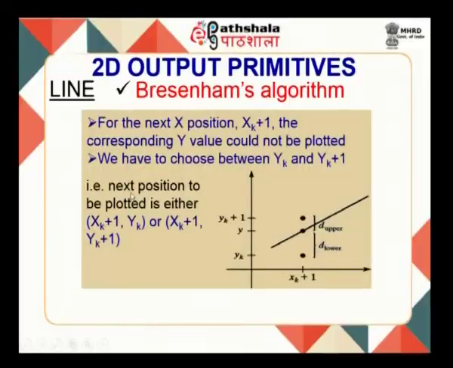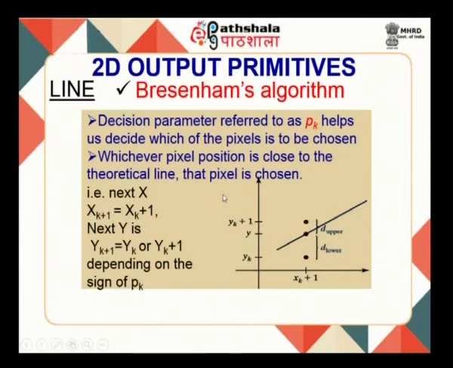As you see here, the next position to be plotted is x_k plus 1 comma y_k or y_k plus 1. How do we decide whether it is y_k or y_k plus 1? The x coordinate is the same. The y coordinate is chosen based on the decision parameter.